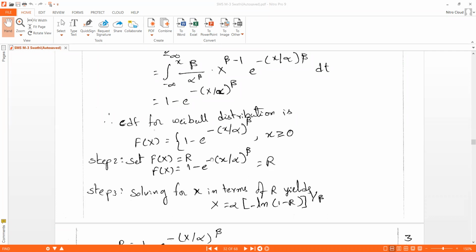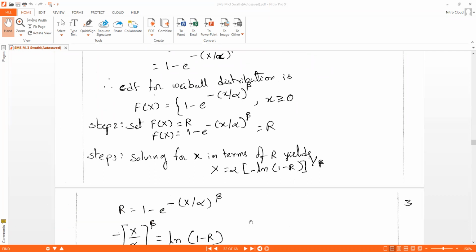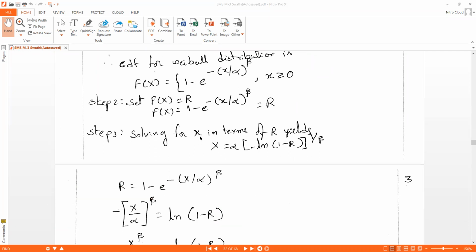So 1 minus e power minus (x by alpha) power beta is equal to r. Now step 3, solve for x in terms of r. If you solve for x in terms of r, we will get x equal to alpha into (minus ln of 1 minus r) power 1 by beta.